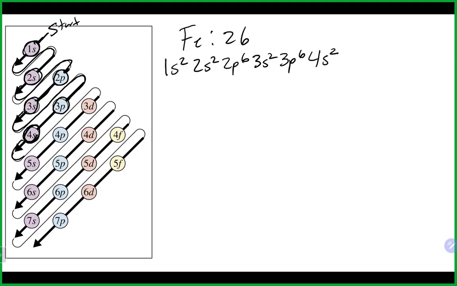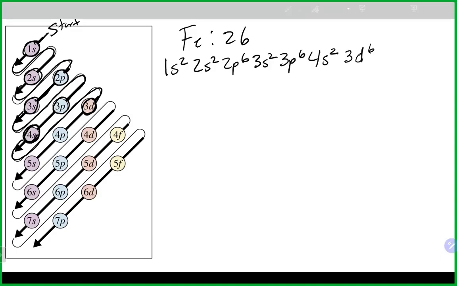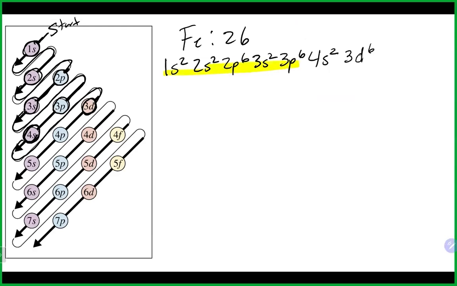And now we zigzag back to the 3d, and that would be 3d6 in this case. Again, the 4s does come before the 3d, and those s's always come before the d's. It's just the way it happens, energy-wise. And that part down through here is how many electrons again?